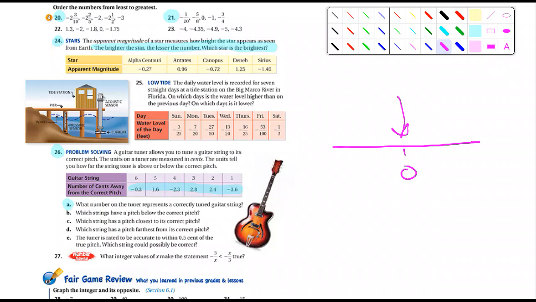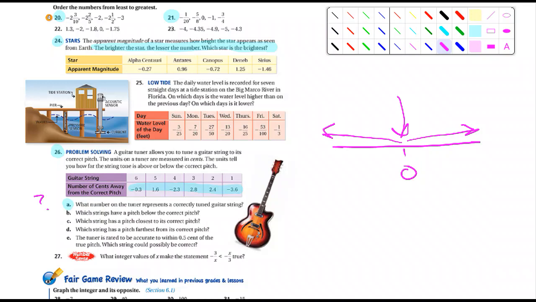But it could be tuned in this direction incorrectly or tuned this direction incorrectly. They don't tell you how far, it would have to be correctly tuned. 6, 2, 1. I'm kind of curious. I haven't looked in the book yet.